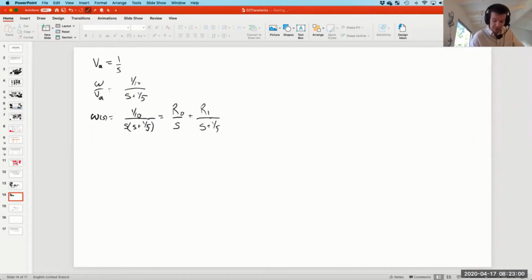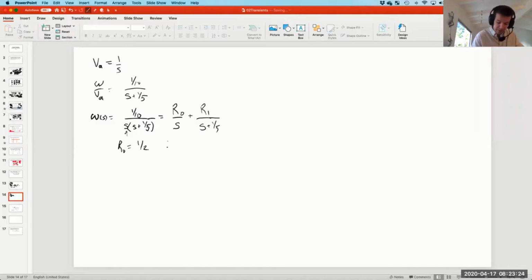So to get R0, I cover up this factor and I plug in s equals 0. And I think that gives me R0 is 1/2, if I'm not mistaken. 1/10 divided by 1/5. Is that right? Or is it 2? I think it's 1/2. Yeah.